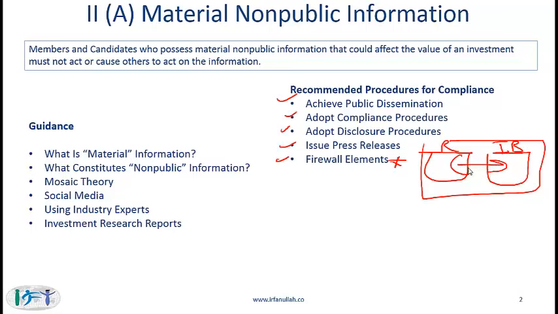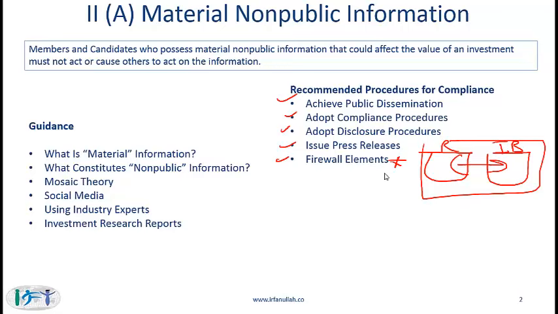Now, reading from the curriculum, where we have 4 particular firewall elements. Number 1 is the following: substantial control of relevant interdepartmental communications, preferably through a clearance area within the firm in either the compliance or legal departments. Number 2, review of employee trading through the maintenance of watch lists or restricted lists.